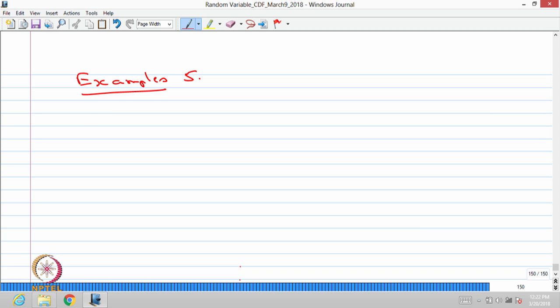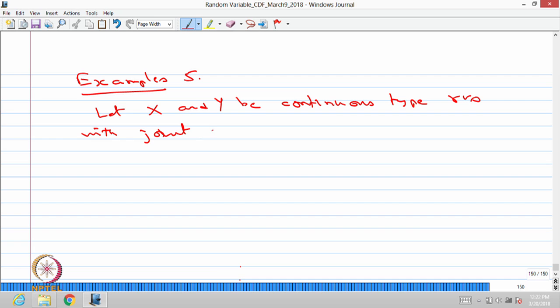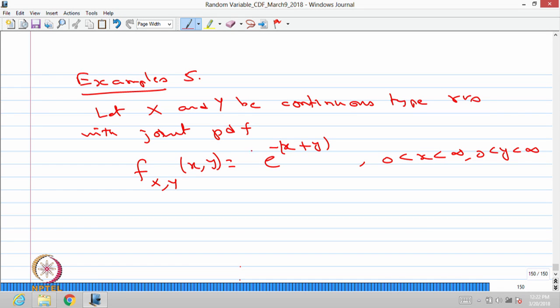Let X and Y be continuous type random variables with joint probability density function given by e power minus (x plus y), when x lies between 0 to infinity and y also lies between 0 to infinity, 0 otherwise.